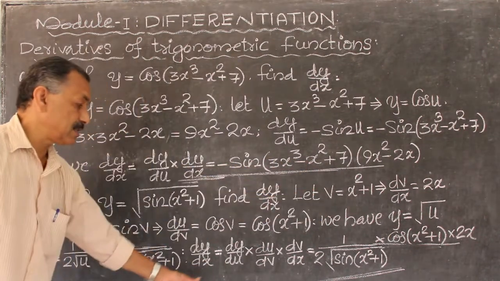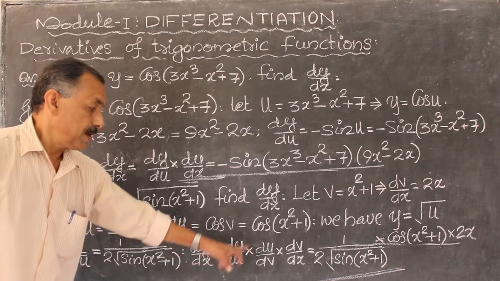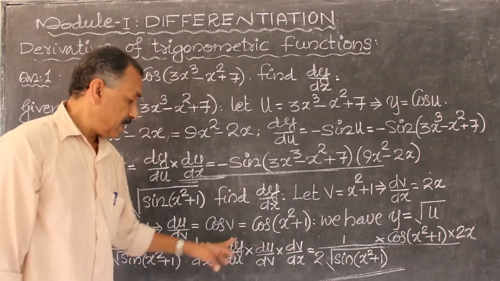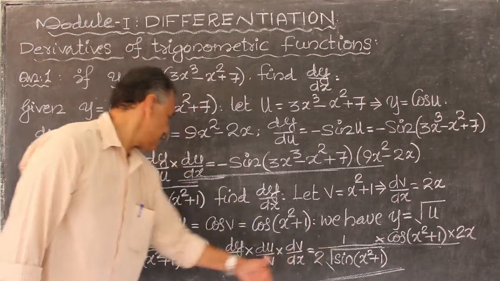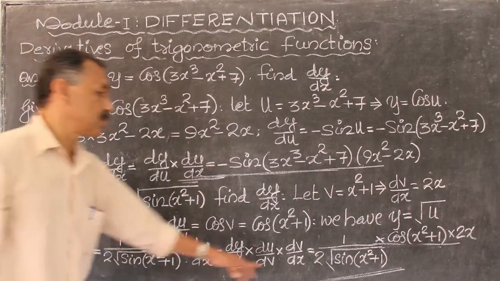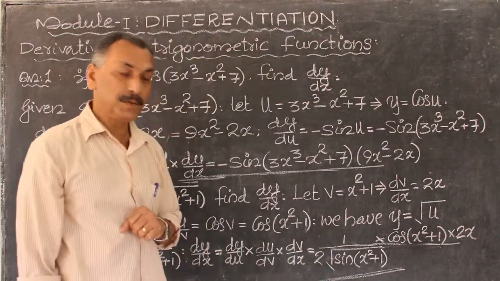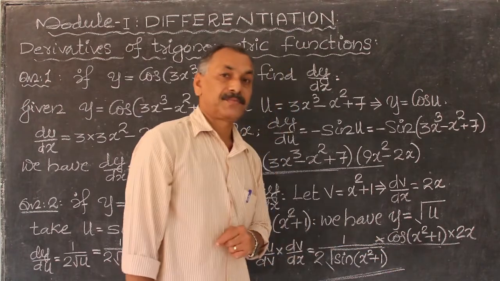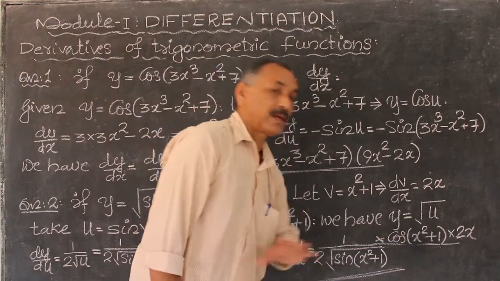Then dy by dx is equal to dy by du into du by dv into dv by dx. Dy by du is 1 by 2 root of sin of x square plus 1, into du by dv, cos of x square plus 1, into dv by dx, 2x.